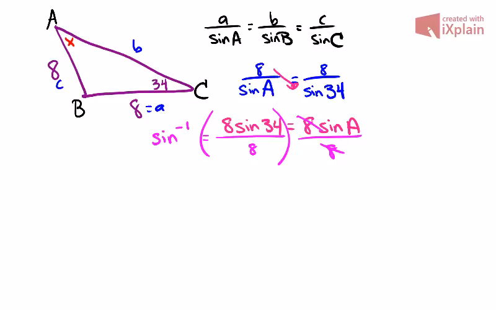Okay, so now I have angle A and angle C, but I don't have two legs with an angle in the middle, so I need to find angle B. Well, we know inside of a triangle, all angles have to add up to be 180.